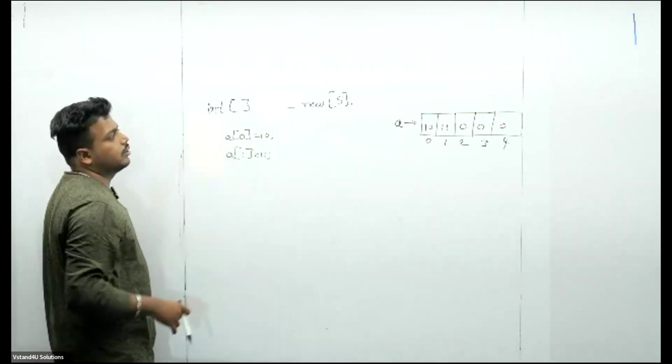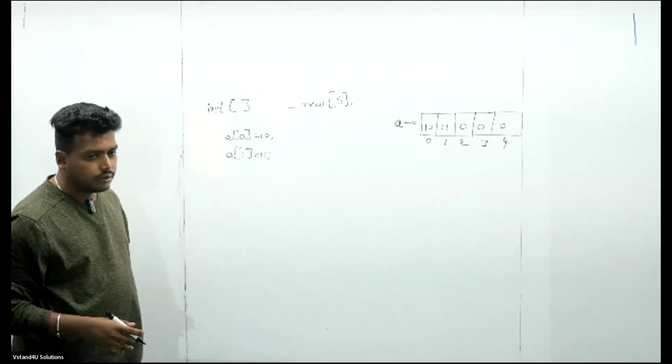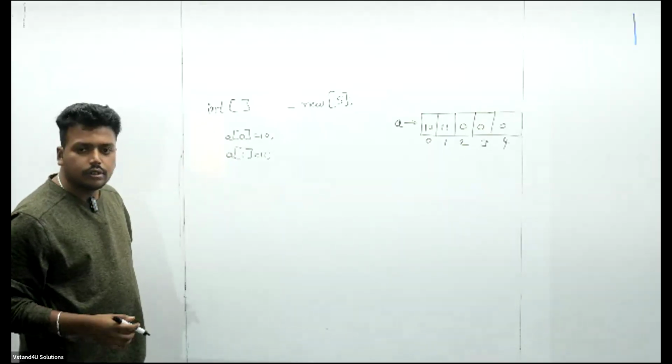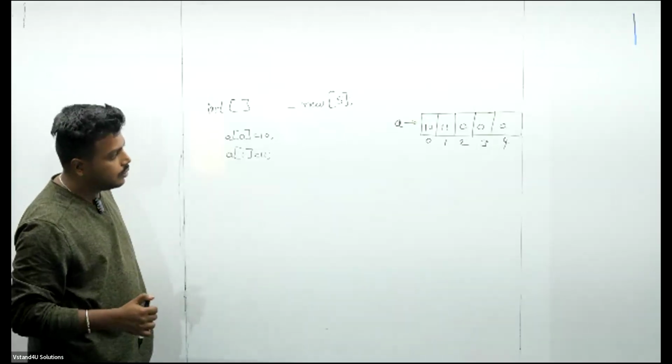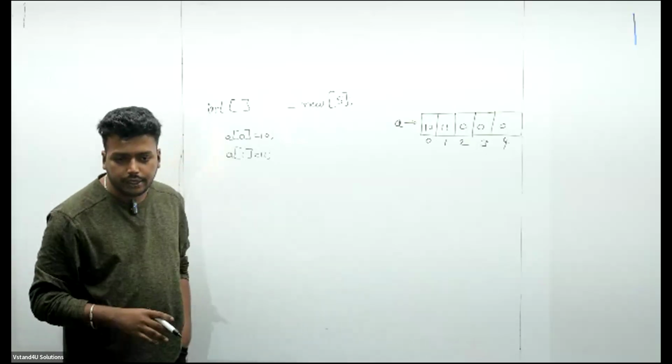Which syntax is this? Declaration and creation. What I'm doing here is I have created an array of size 5.